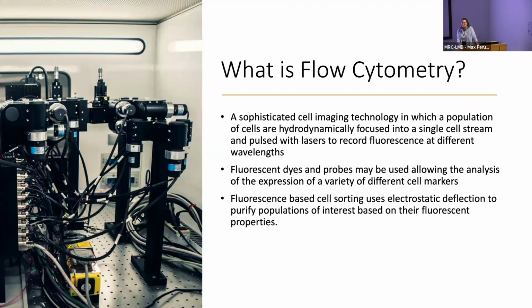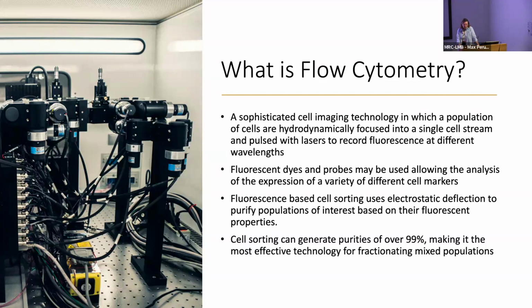We can also sort cells just based on their forward and side scatter, which Fan touched upon this week. So relative cell size and internal complexity or granularity, but you do get better specificity if you're using fluorescence. And it's really the most efficient technology to generate purities of over 99%. So it's currently the most efficient technology in purifying mixed populations of cells.